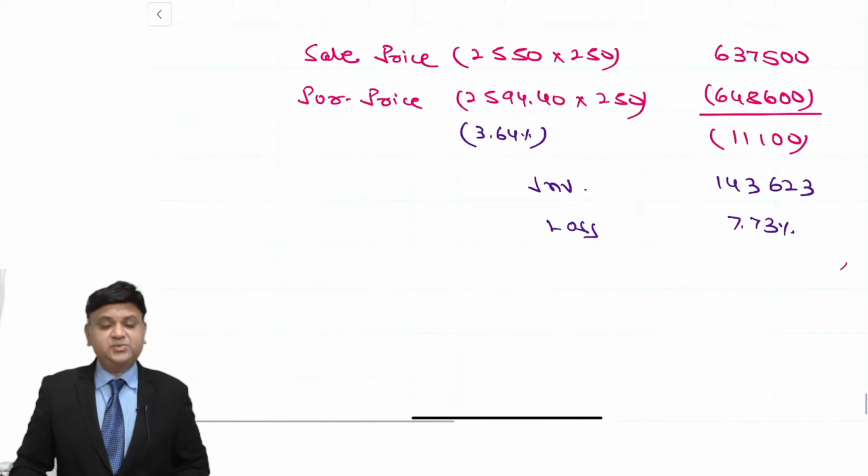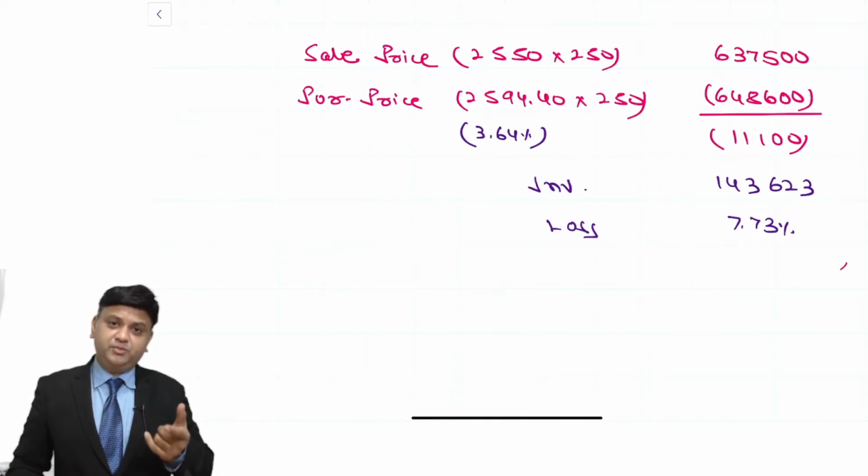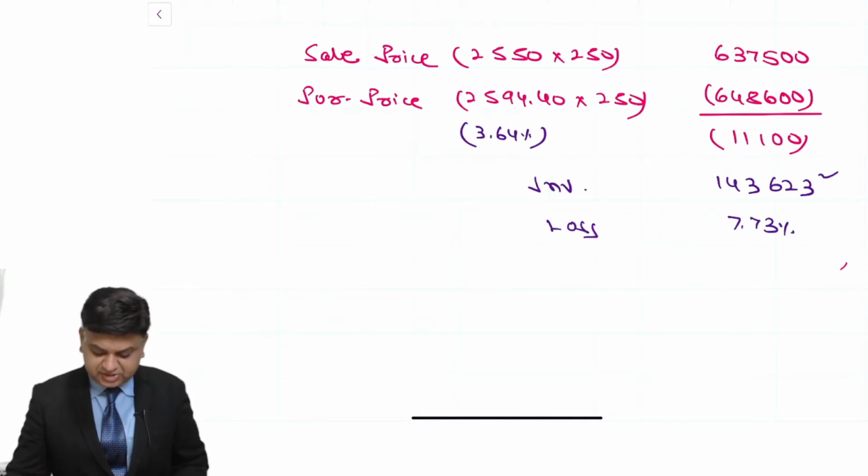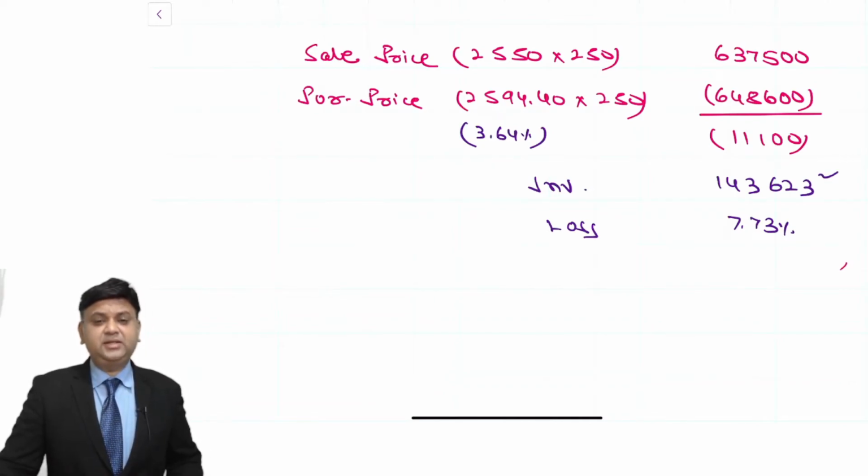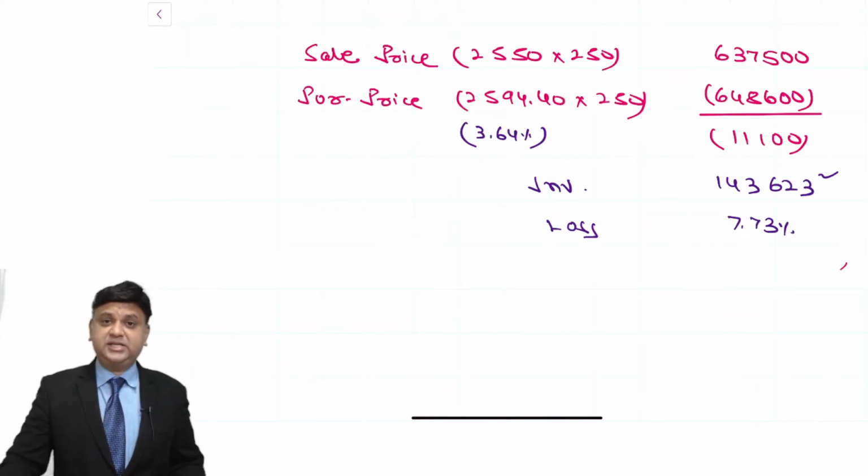The reason for that is once again very simple, because the margin is only what you are required to pay when you initiate the transaction. This is the way the percentage gain or percentage loss will be more when you do futures trading in comparison to stock trading in the cash market.